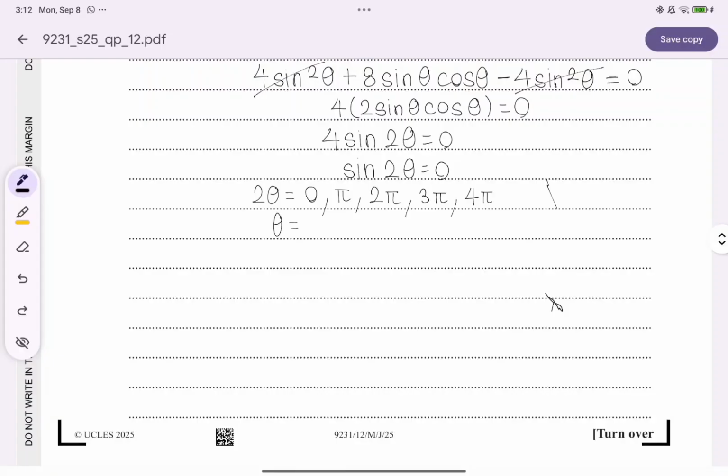And then theta would just be equal to 0, pi over 2, pi, 3 over 2 pi, and 2 pi.